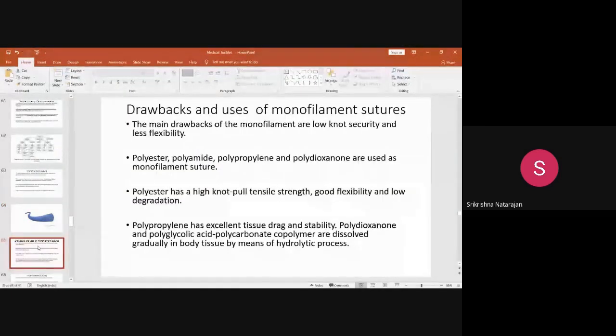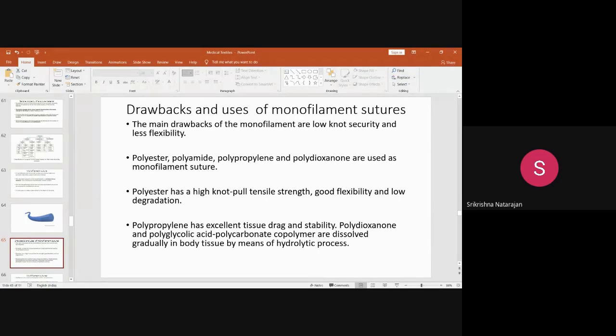But there are some drawbacks also associated with these monofilaments. What are the drawbacks? It is easy to put the knot by using the monofilament, but the problem is the knot security will be less and it is less flexible. The knot security is low, and it is less flexible.